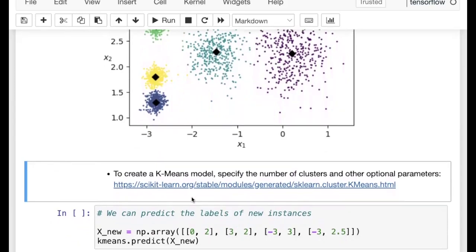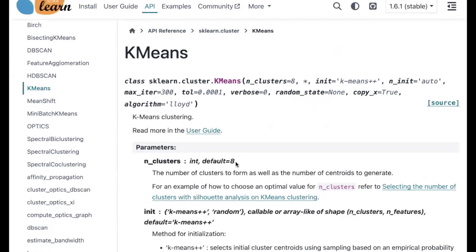If you want to use the k-means model, the best thing to do is to look at the documentation page for sklearn.cluster.KMeans. The number of clusters is a very important parameter, probably the most important thing you have to provide.